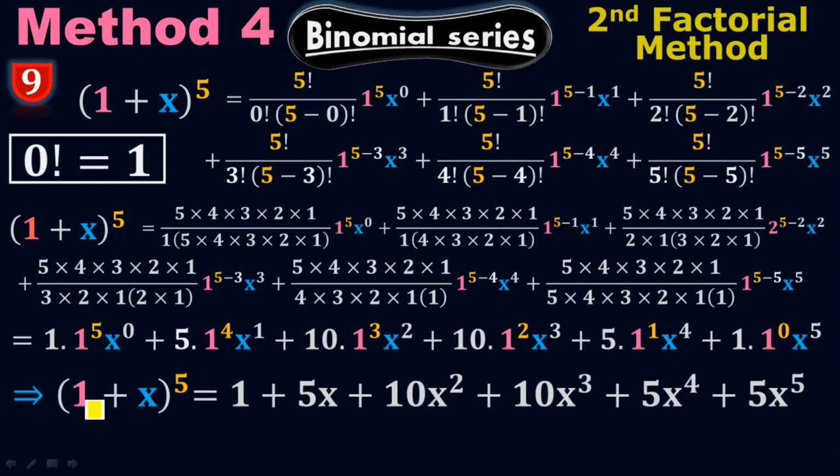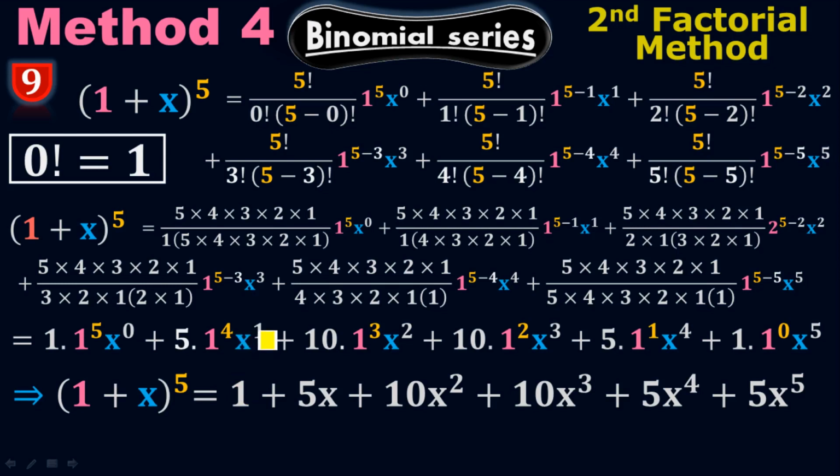which implies that 1 plus x to the whole 5 equals to 1 plus 5x plus 10x squared plus 10x cubed plus 5x to the 4 plus x to the 5. You do simplification here because look, 1 to the 5 is 1, so 1 times 1 is 1, 1 times x to the 0, x to the 0 is 1, 1 to the 5 is 1, so 1 times 1 times 1 is 1.